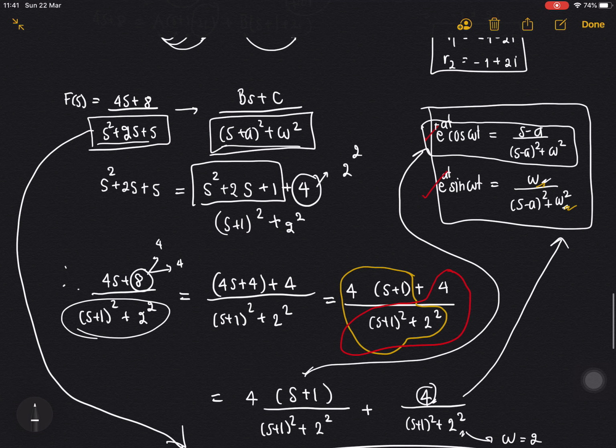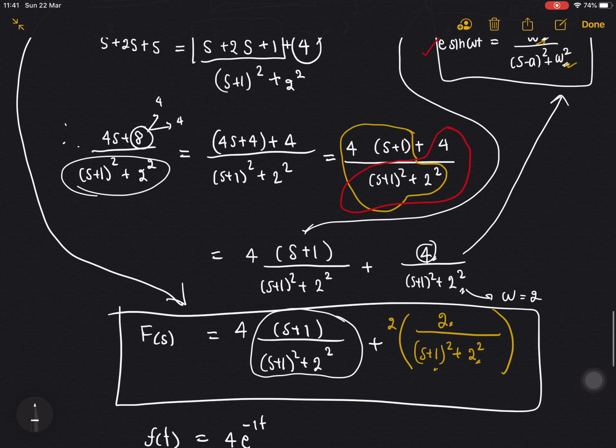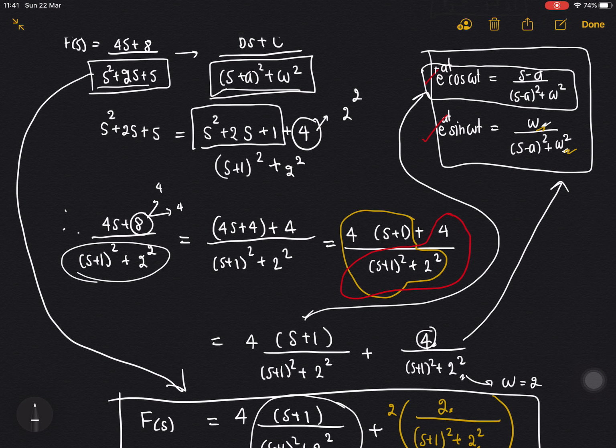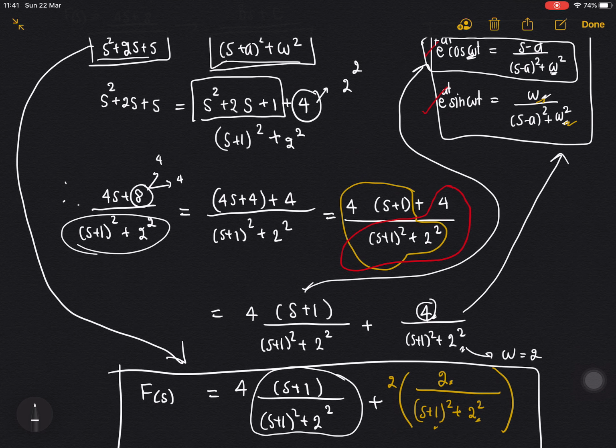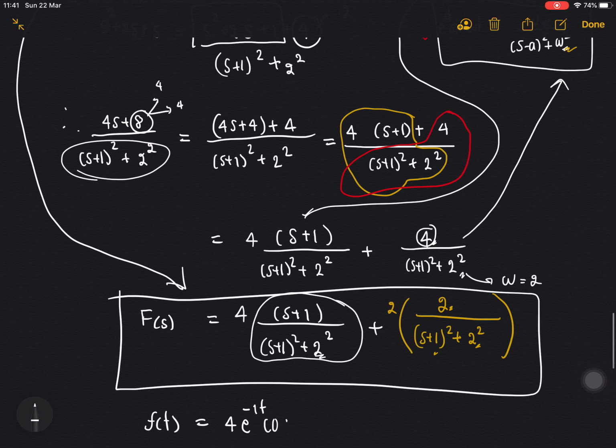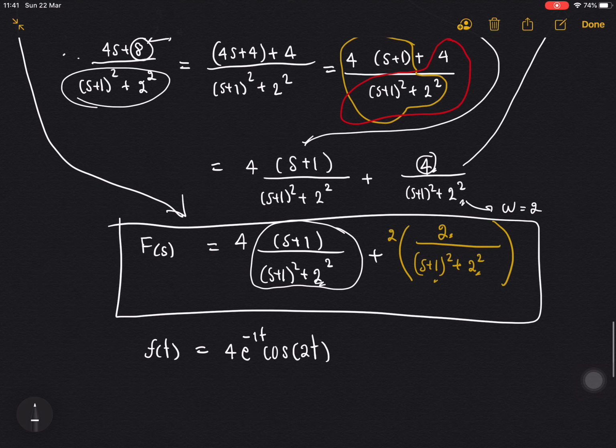Alright, then we have the cosine of the WT left. So cosine of the WT, our WT in this case is the value of 2. So therefore, we will have the cosine multiplications of 2t. Right, we are done with the first terms.